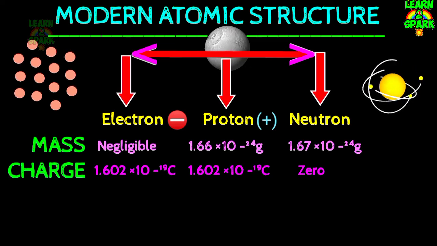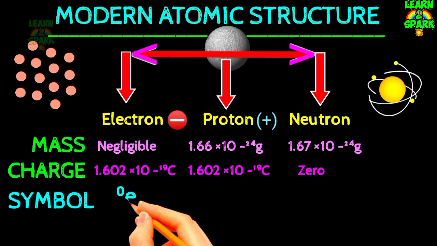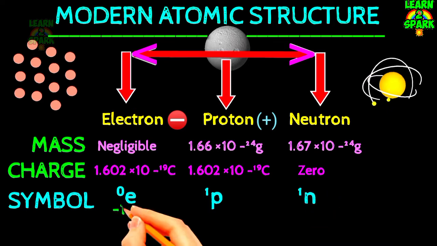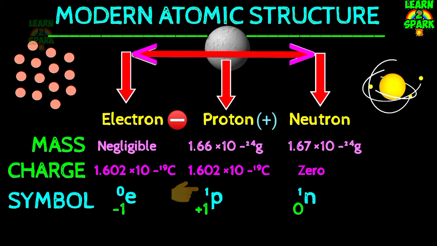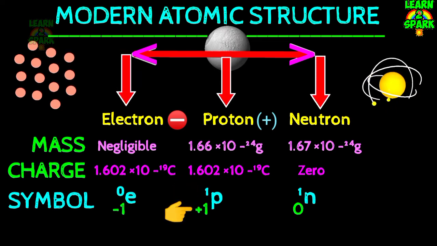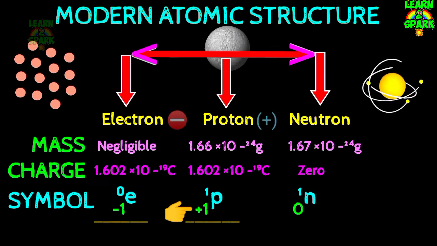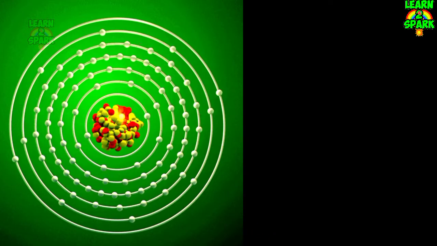These subatomic particles are being represented by the symbols E for electron, P for proton, and N for neutron, along with their mass on the superscript and charge as a subscript, with the sign -1 for electron and +1 for proton. Let's check out the locations of these subatomic particles inside an atom.